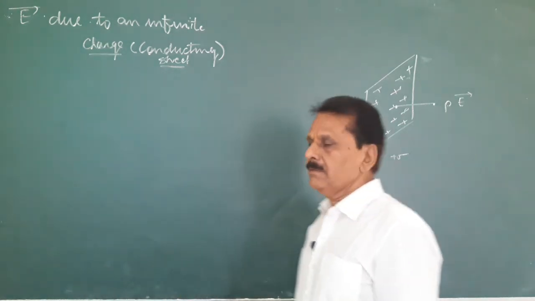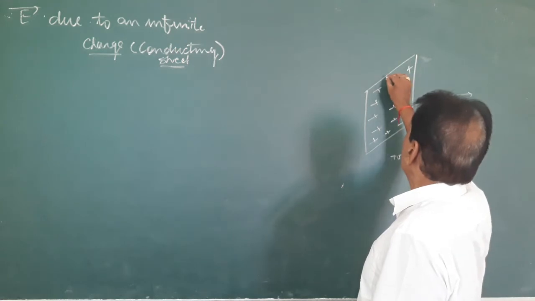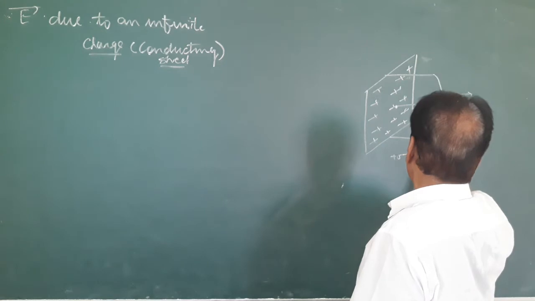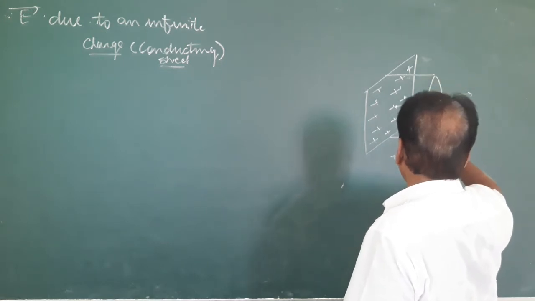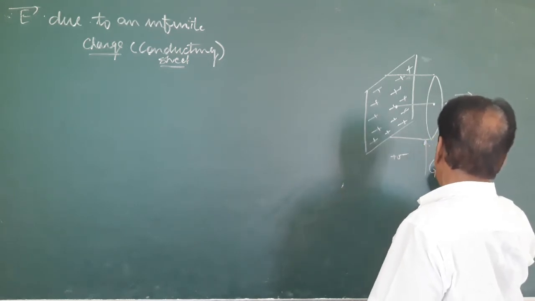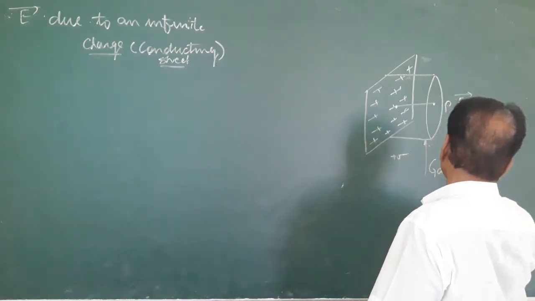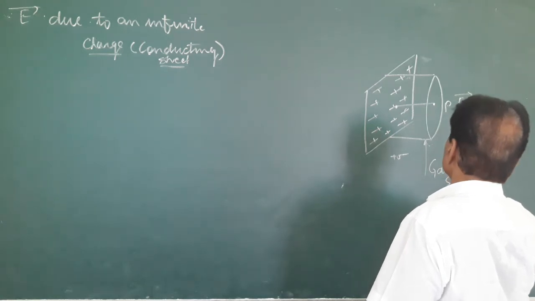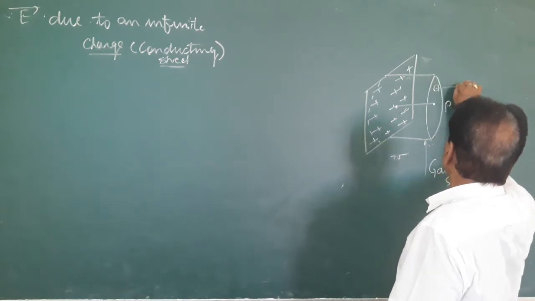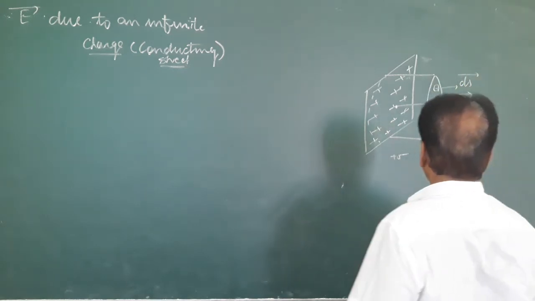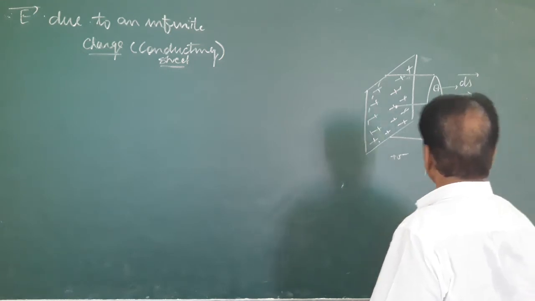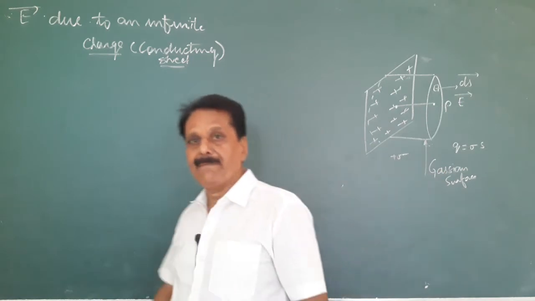For that, making use of Gauss law, we have to construct a Gaussian surface as a cylindrical surface. This one is called the Gaussian surface, which encloses a charge of amount Q, that is sigma into S, where sigma is the surface charge density.